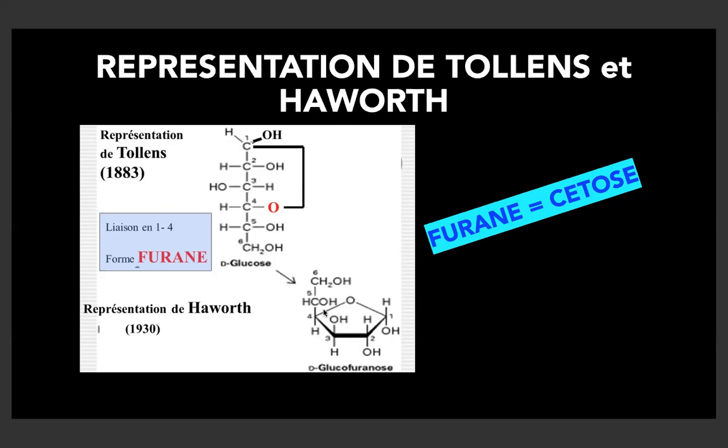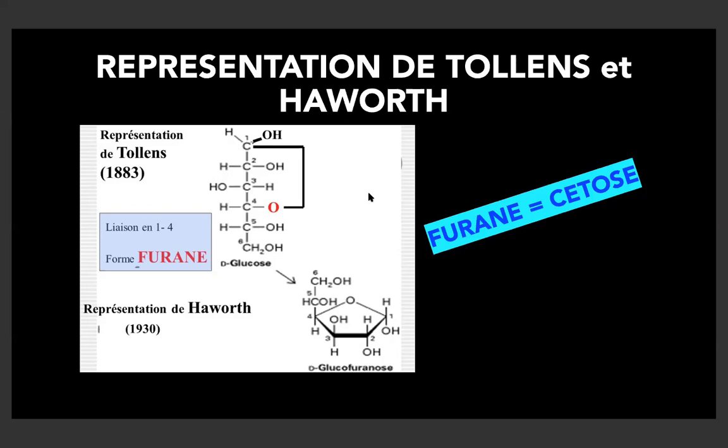Then, in addition, you have what we call alpha glucose. I think you guys have seen this. And you have what you call beta glucose. The difference between alpha and beta glucose is basically the orientation of the hydroxyl groups. If the hydroxyl groups are facing on top, it's called an alpha glucose.